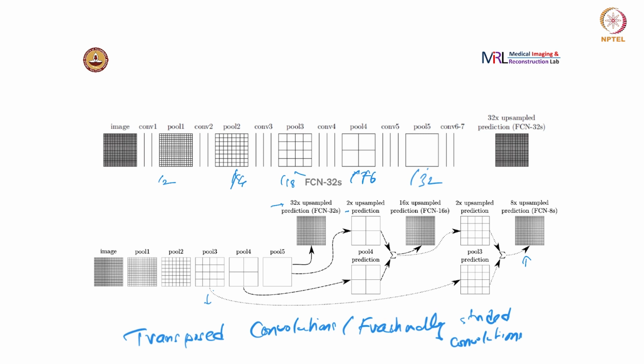Okay. So why is it called transposed convolution? We will see where it gets the name from and how we do that. Let's say your input feature map is of size 3 cross 3.